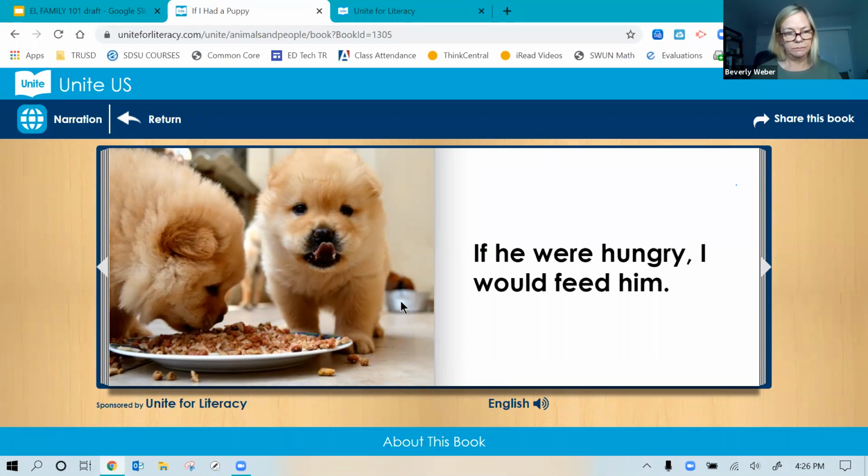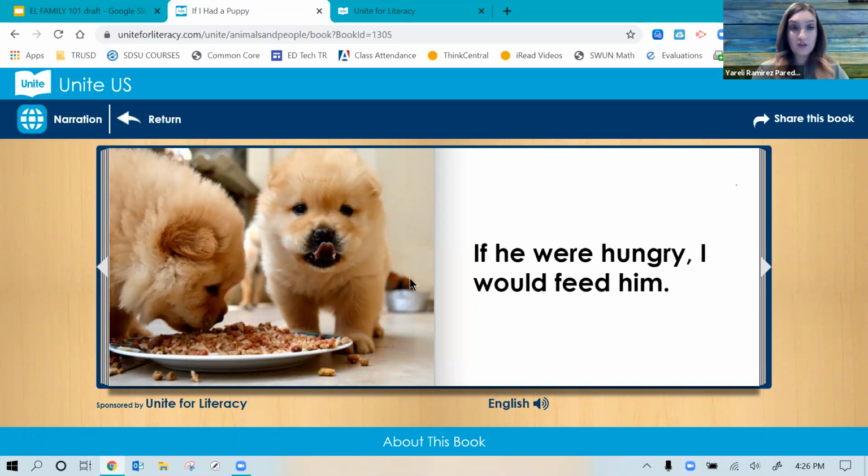Now on this one, they were saying they were hungry, so they were feeding him. And you can see the puppies are eating. So I showed them by maybe pointing at them what they were eating. And in the back, I mentioned that they were also eating from a bowl.